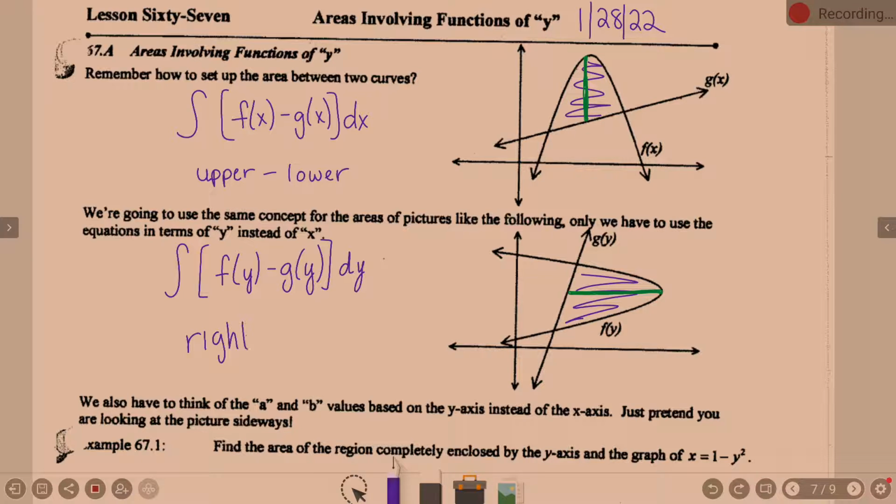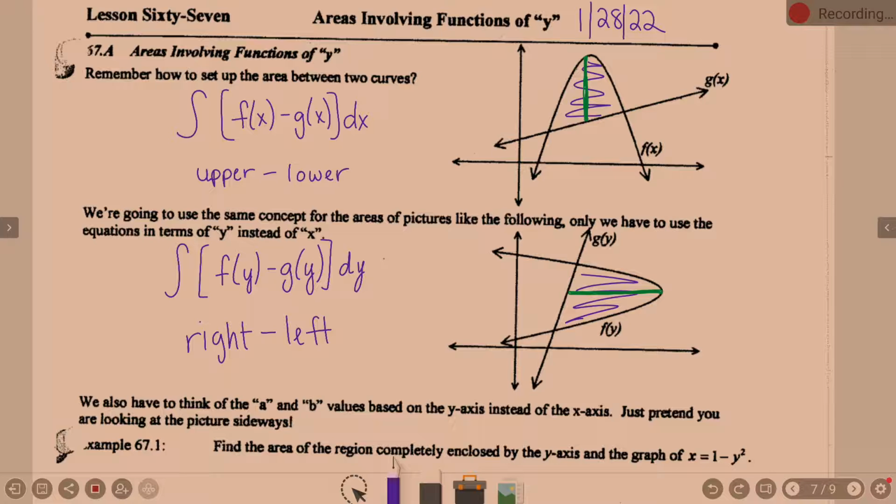And as it was pointed out, instead of upper minus lower, it is right minus left. Okay. Seems pretty straightforward. It is.